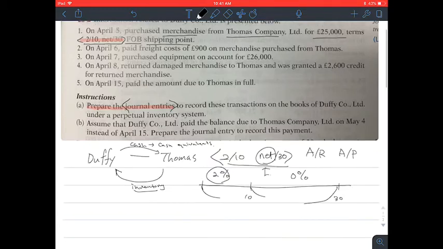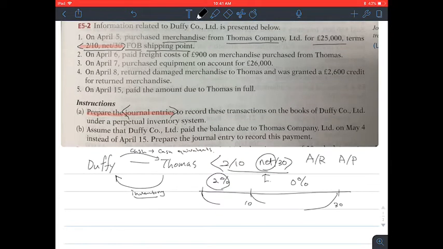Okay, so the first one, you have to record, as Duffy Corporation, that you're going to receive inventory, right? Inventory will be increased by $25,000, and you're going to pay in the near future.